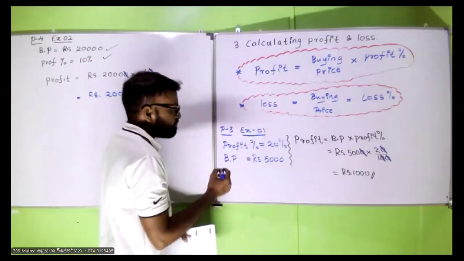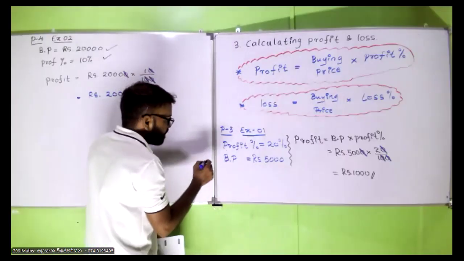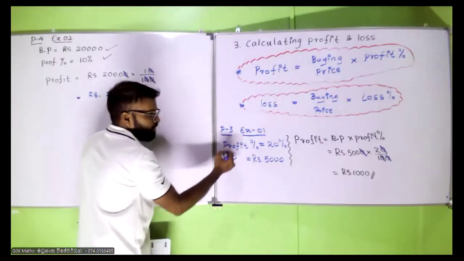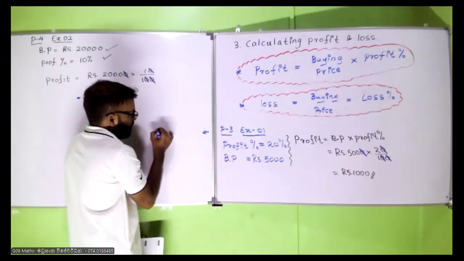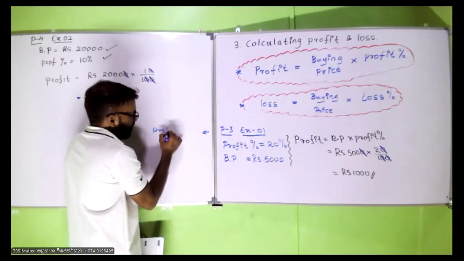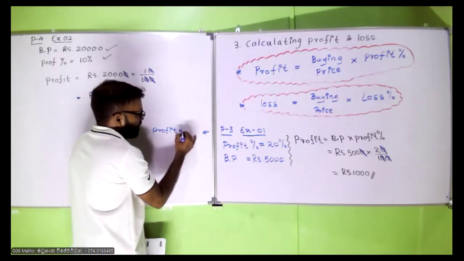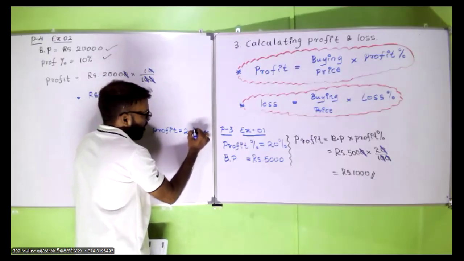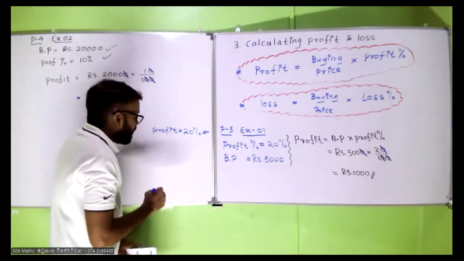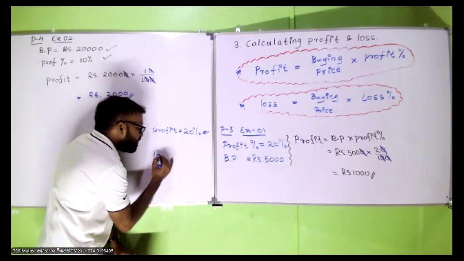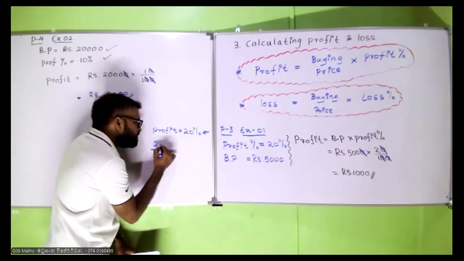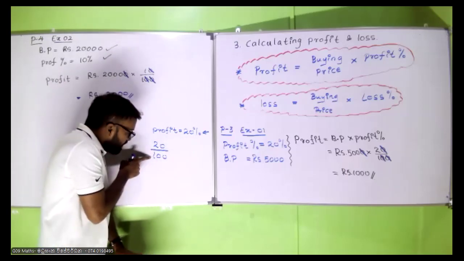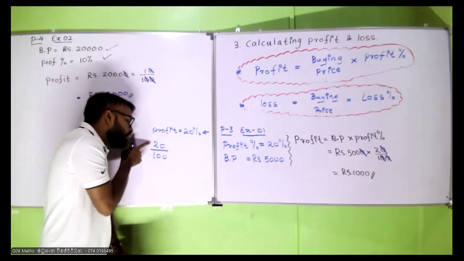So I will explain it. Here you have example number 1, where you have 20% profit. So for each and every 100 rupees, you are going to keep 20 rupees with you.